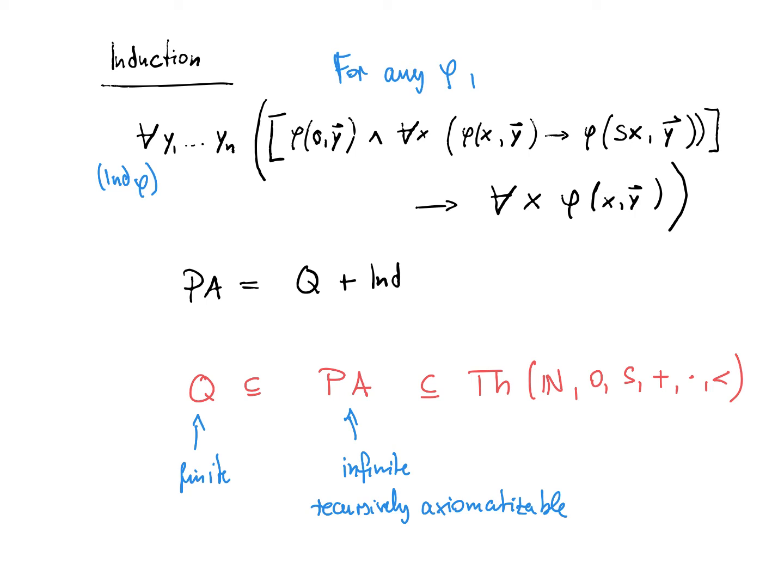And of course, both are subtheories of the theory of the natural numbers, because all of those statements hold in the structure of the natural numbers. So in particular, every sentence in PA is a true statement about the natural numbers. And as we will see, the theory of the natural numbers is not decidable.